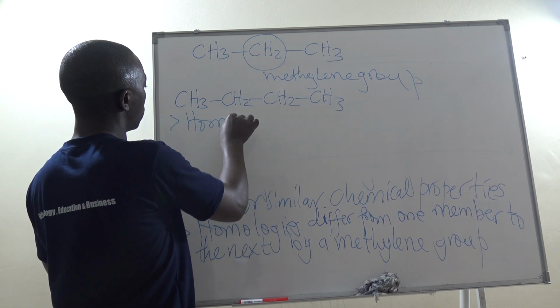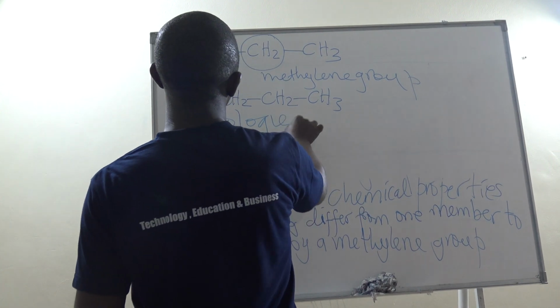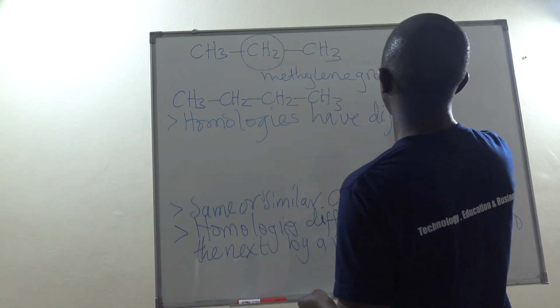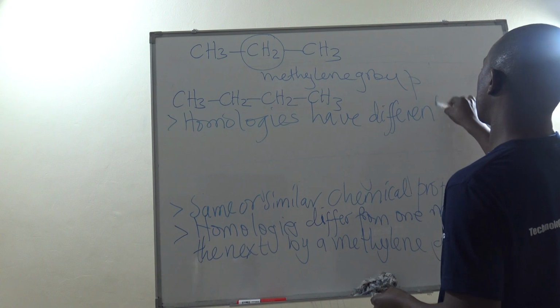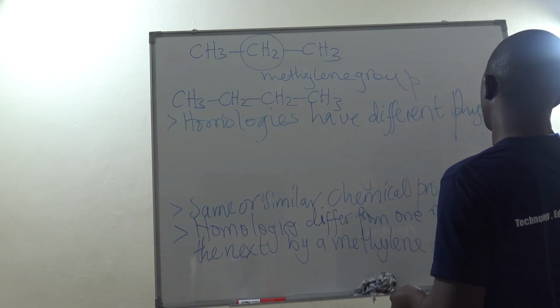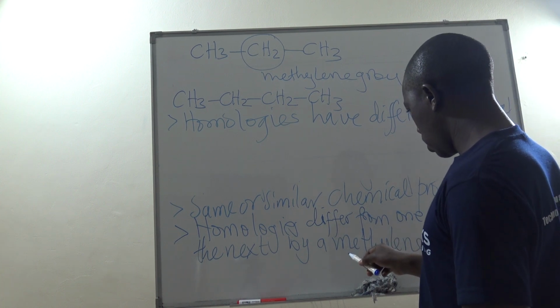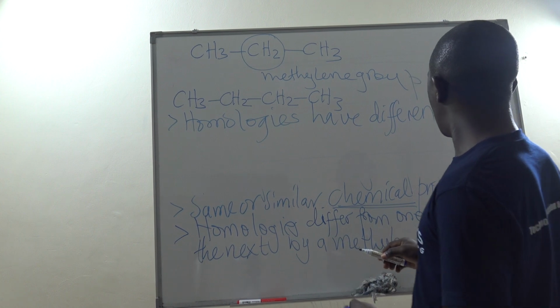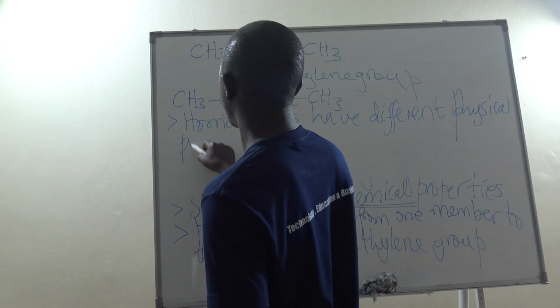Then next, homologues have different physical properties. Remember we said the chemical properties are the same, but the physical properties are different.